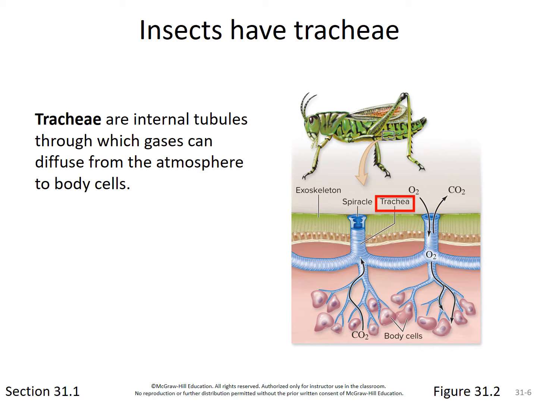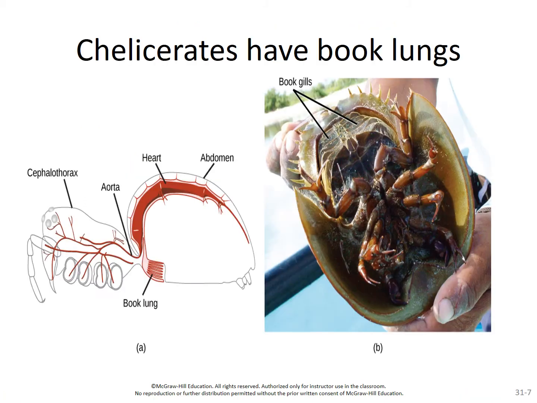So think of holding a can of Raid up to your mouth and inhaling as you sprayed it and getting it all over your lungs. I don't think that'd be something that you'd be likely to survive, and this is the reason why insects are as vulnerable as they are to insecticides.